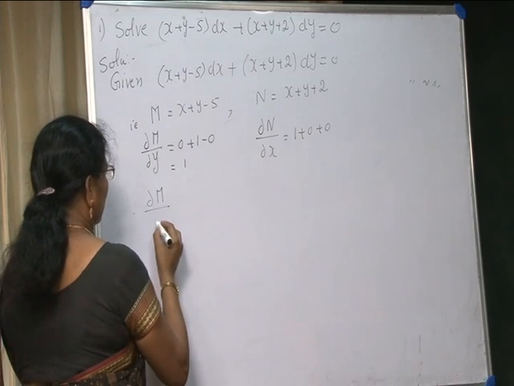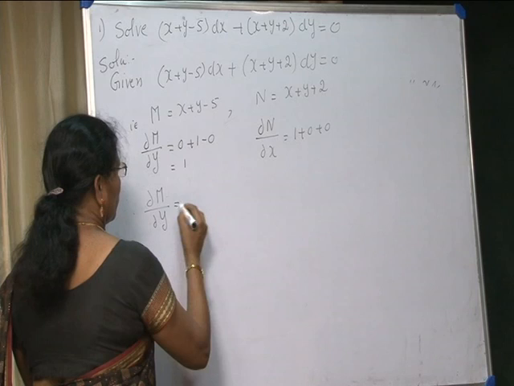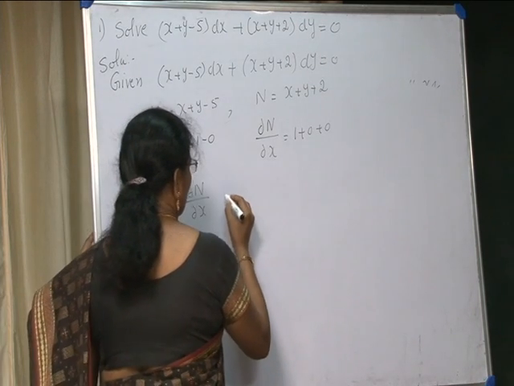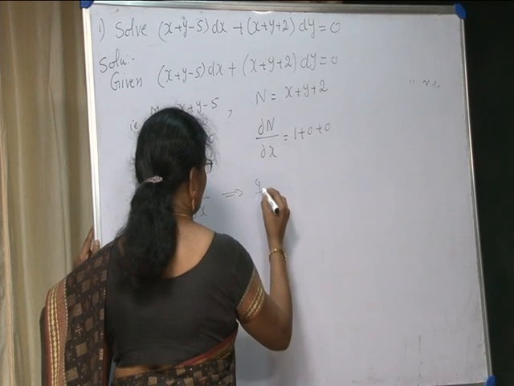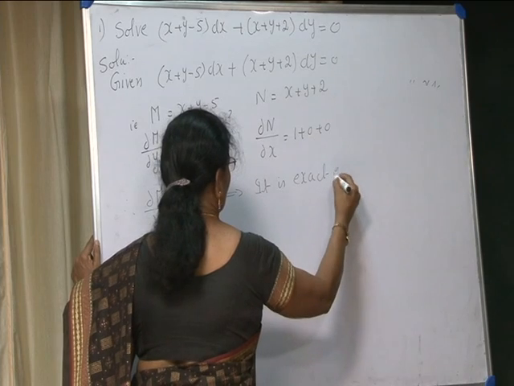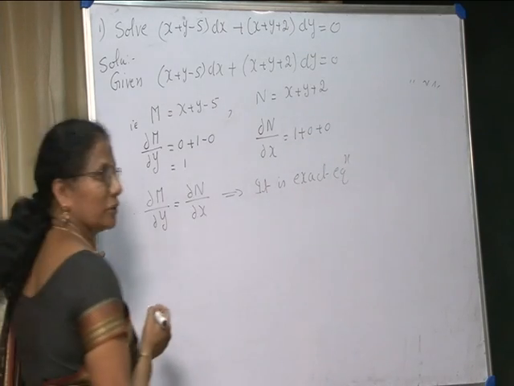Therefore, delta M by delta y is equal to delta N by delta x, so it is an exact differential equation.